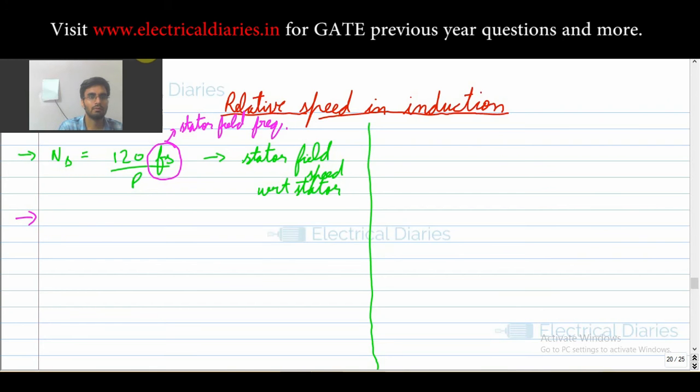Now you have to always remember that NR is generally defined as the rotor speed with respect to the rotor. These two things we have to always take, and then we will study.